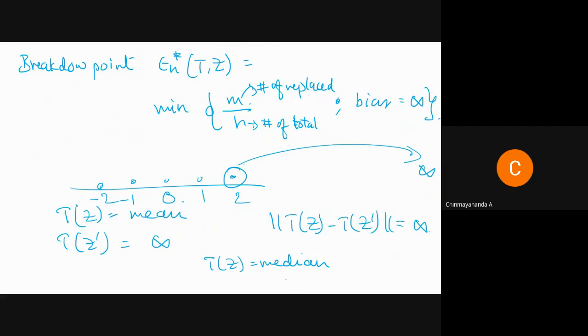So this will not be infinity. Why I gave you this example is that just because one of your data points is replaced by infinity, this need not be infinity. So you have to be careful.